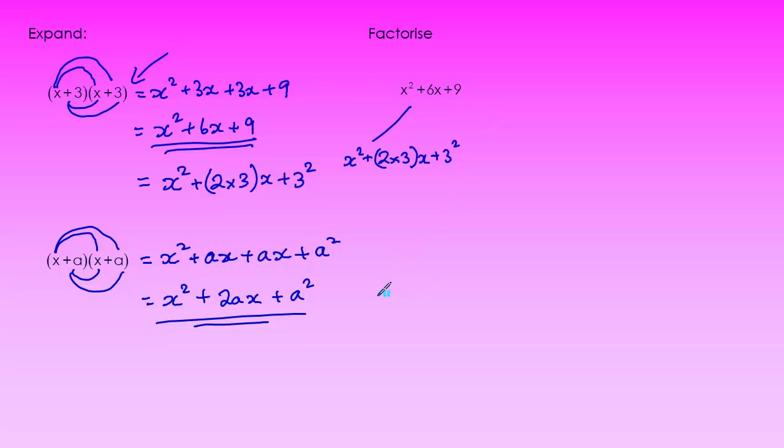For example, we might spot x squared plus 8x plus 16 as being x squared plus 2 times 4x plus 4 squared. Not 14 squared, 4 squared. So we can factorize this much more quickly as x plus 3 all squared, or x plus 3, x plus 3.